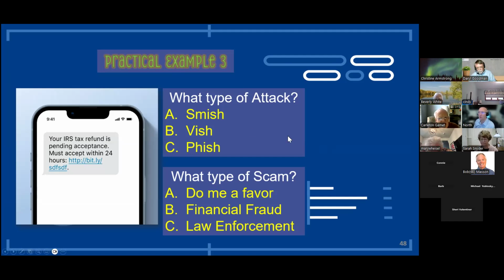In this case, they're specifically referring to your IRS tax refund, which is a pending acceptance. So this is actually a smish that is financial fraud because they're going to try and steal your information pertaining to your tax refund. So they're trying to bait you with fear about your finances. Does that make sense?